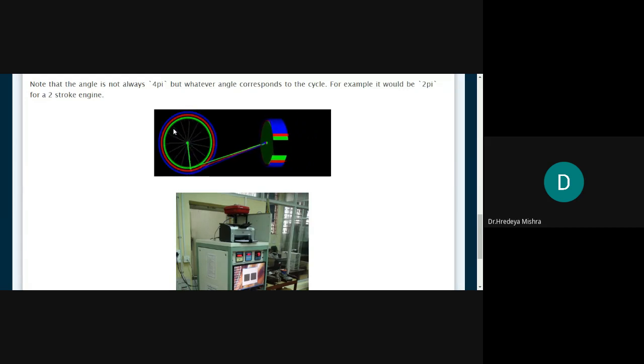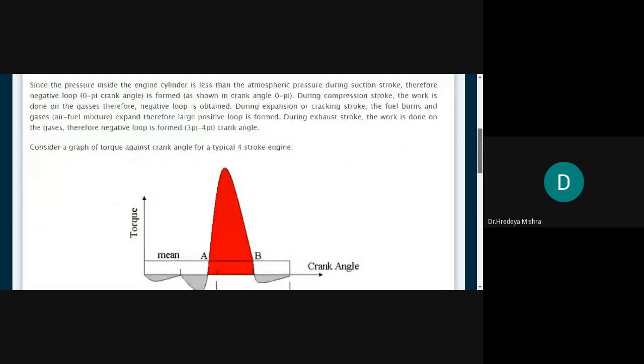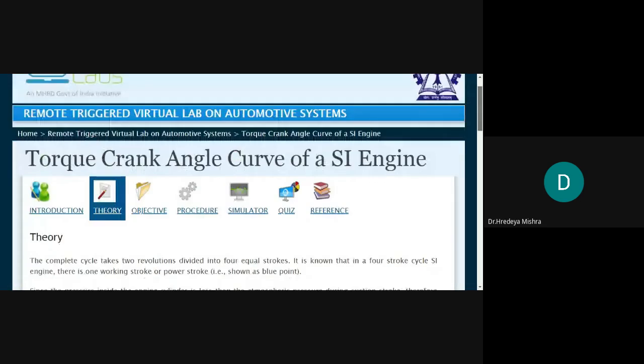The motion of the crank is transmitted to the wheel for the vehicle running. And this is the same apparatus with which we analyze the engine for the pressure and volume diagram.